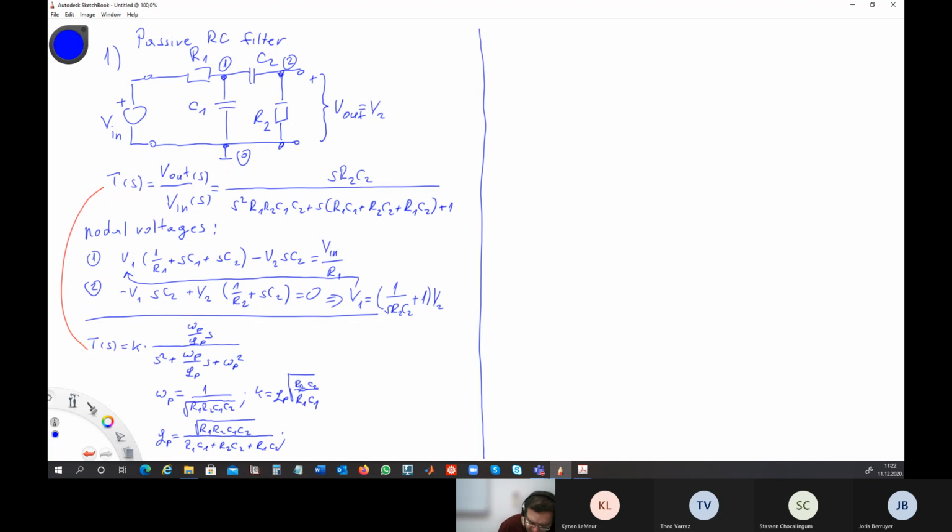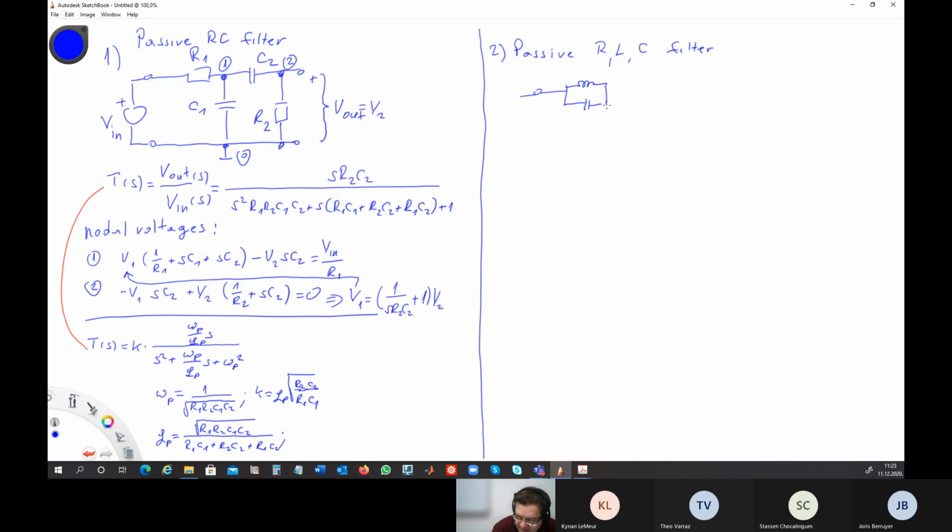Then we have a second example of an active, pardon, it is not active, it is still passive. We will learn active filters in the new year. Passive RLC filter. Probably you remember it from the last time. This is the one which looks like this.